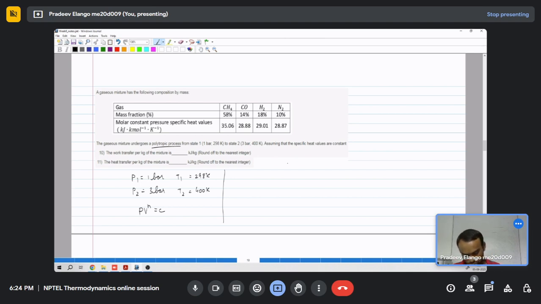Here to calculate the value of n, we don't have the volume values, but we have only the temperature ratios.